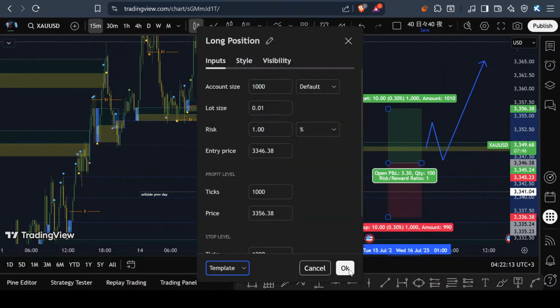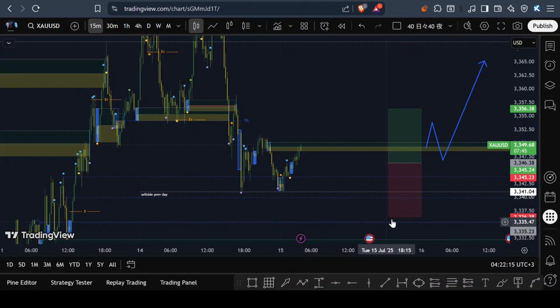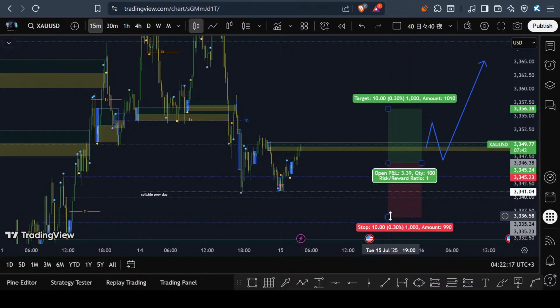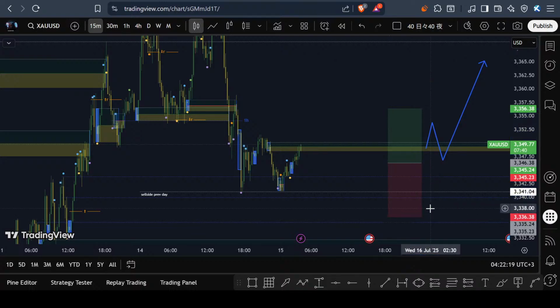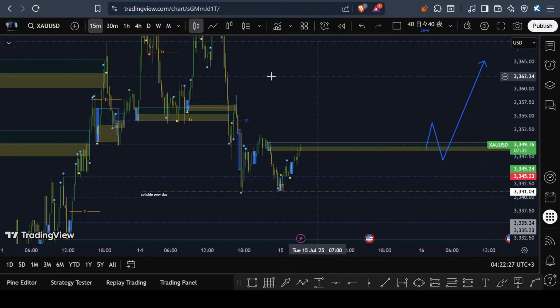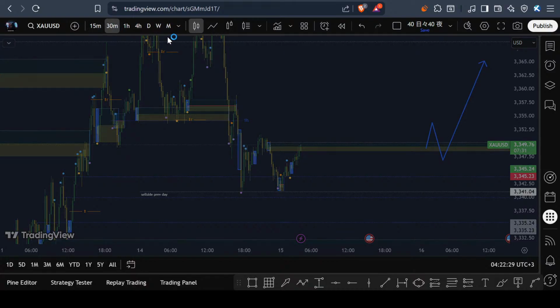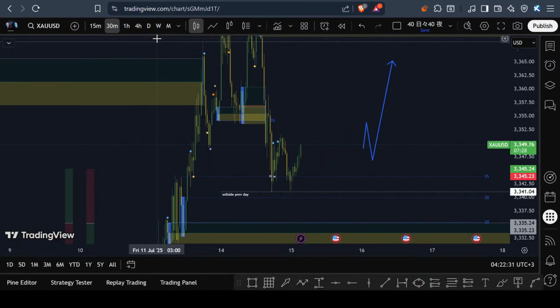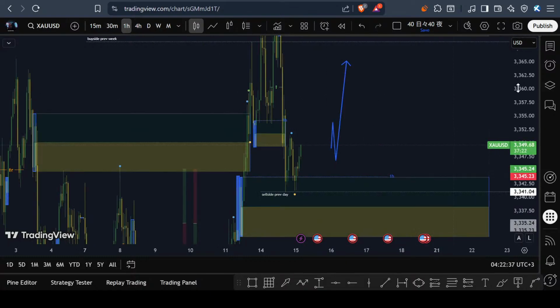If I get what I'm looking for, the stop loss is there, and so on and so forth. So if that happens, well and good. If it doesn't happen, well and good also.